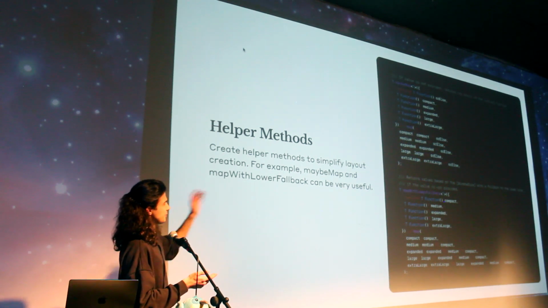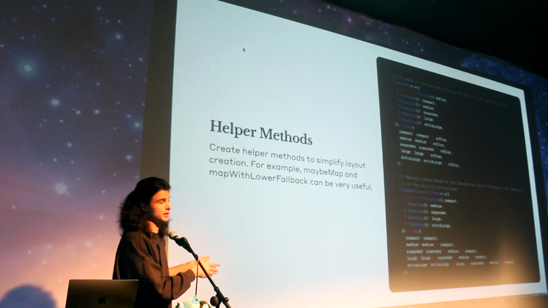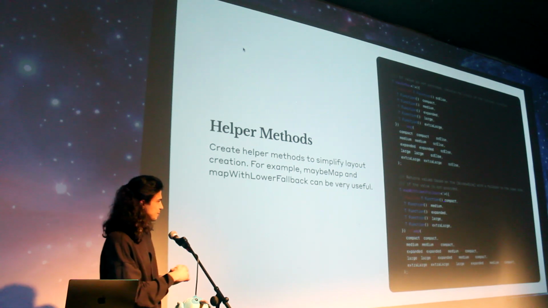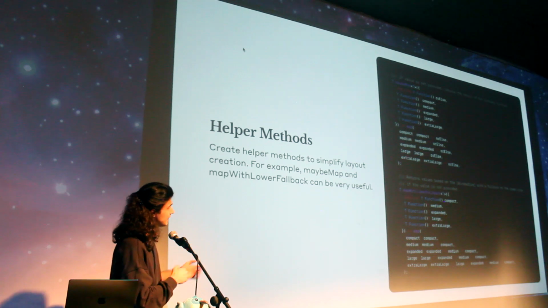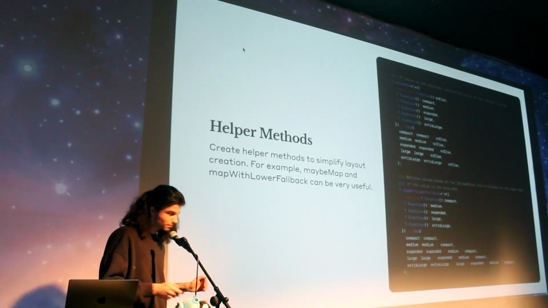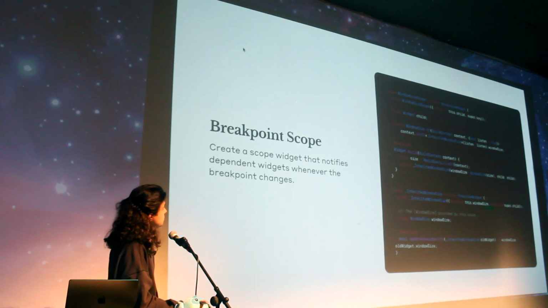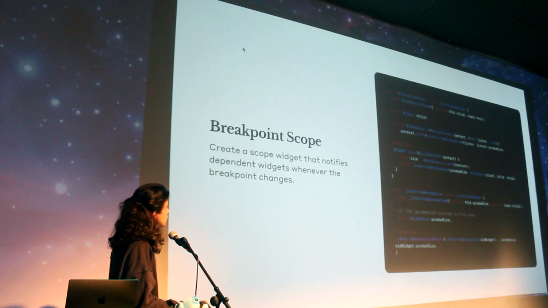So you can simply return compact, and all other dimensions will go to compact. But later on, when your designer finally comes up with mock-ups or designs for it, you can implement this thing. And I really love it. I don't write responsive code very often, but sometimes this method works like a charm.